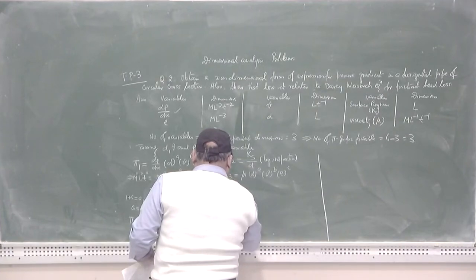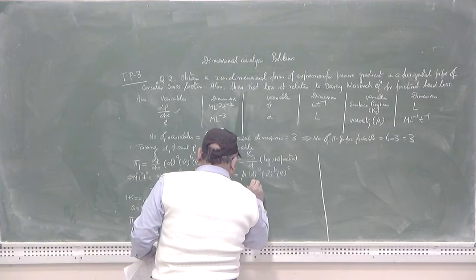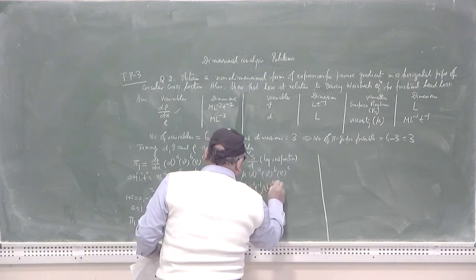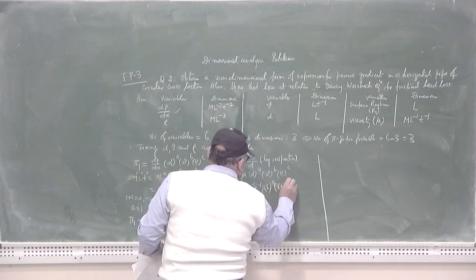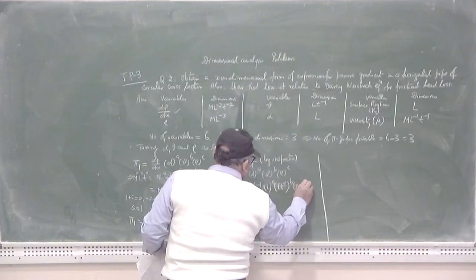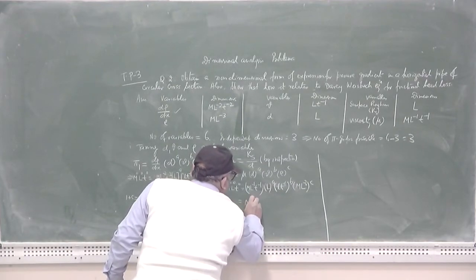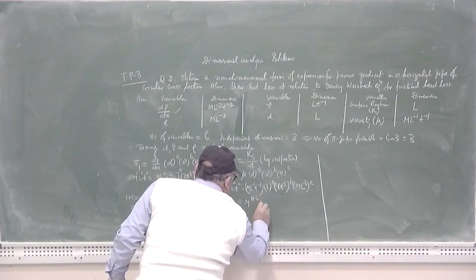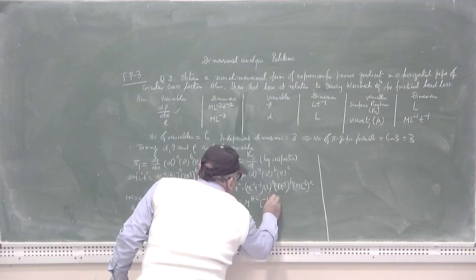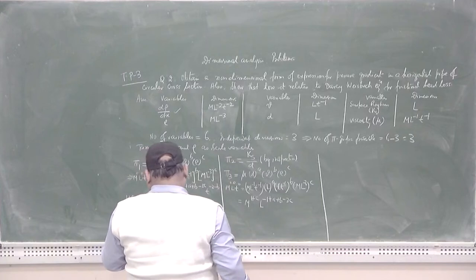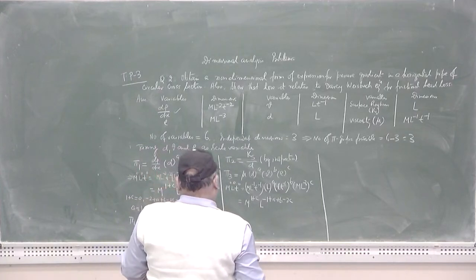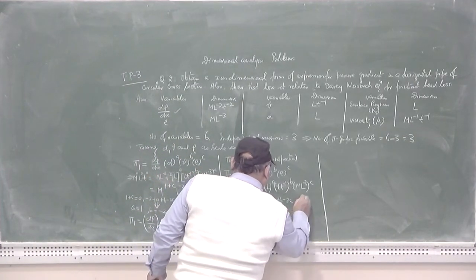So, this will be M raised to the power 0, L 0, T 0, this is equal to M L raised to the power minus 1, T raised to the power minus 1, d L raised to the power a, L T to the power minus b, M L raised to the power minus 3 c, that is equal to M raised to the power 1 plus c, L raised to the power minus 1 plus a plus b minus 3c, and T raised to the power minus 1 minus b.